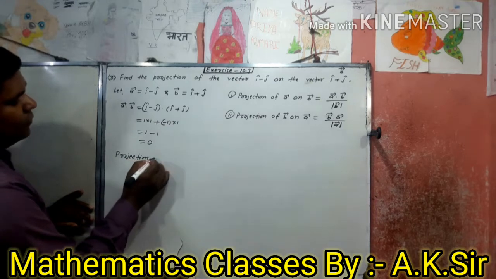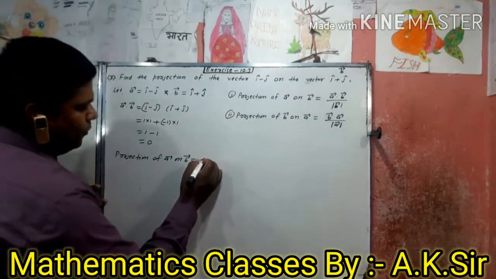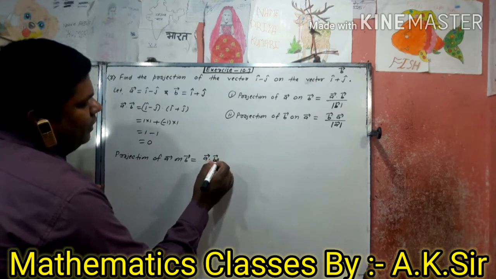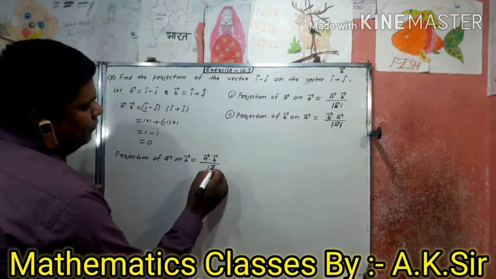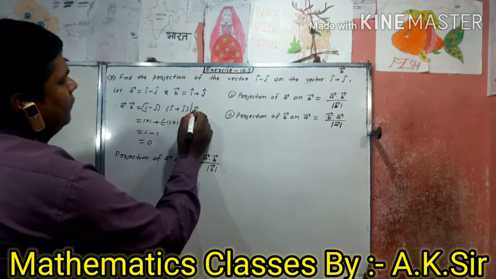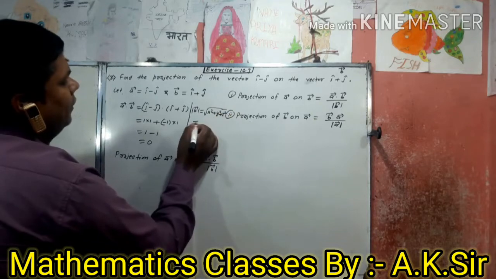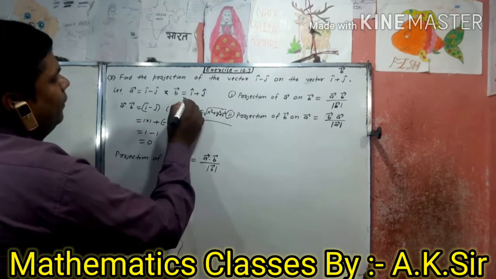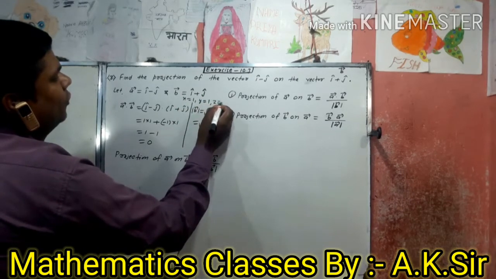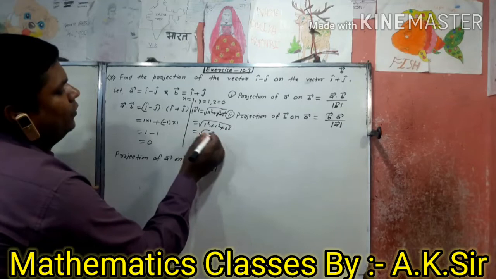Projection of vector A on B vector is equal to A vector dot B vector upon magnitude of B vector. Also we find magnitude of B is equal to under root x square plus y square plus z square, where x is equal to 1, y is equal to 1, z is equal to 0. 1 square plus 1 square plus 0 square is equal to under root 2.